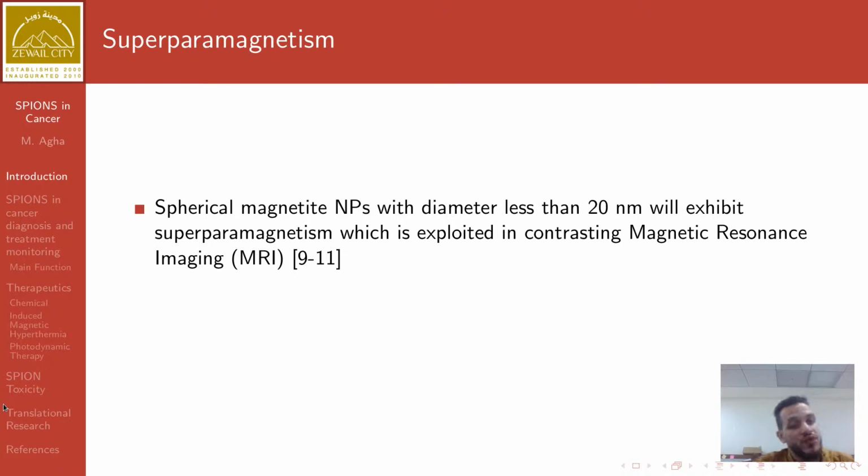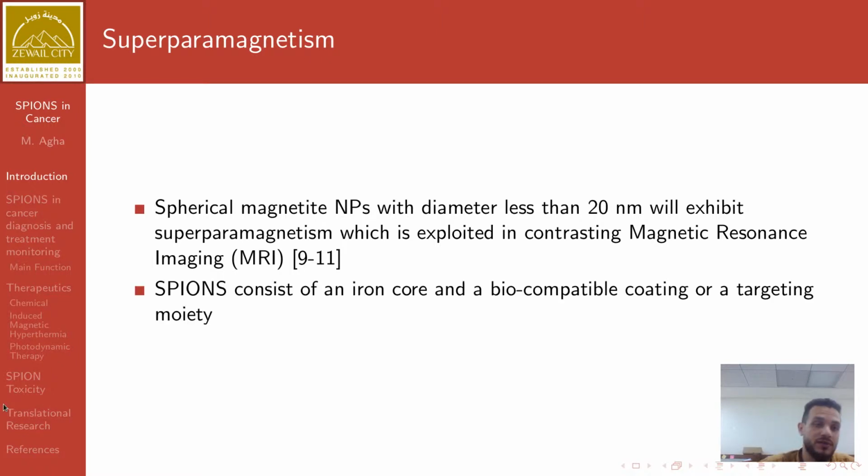So we know that superparamagnetism is that super powerful magnetic attraction to fields that is exhibited by some materials, including the spherical magnetite nanoparticles, which are less than, of course, 20 nanometers.